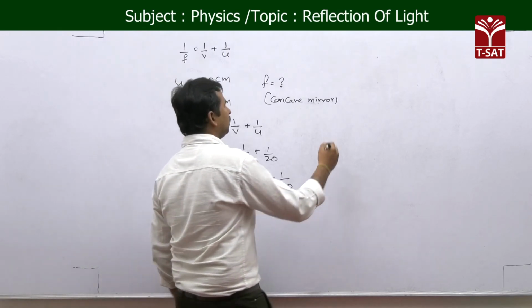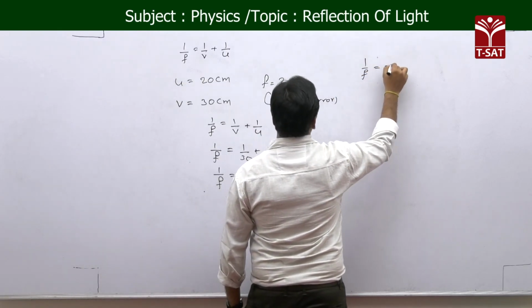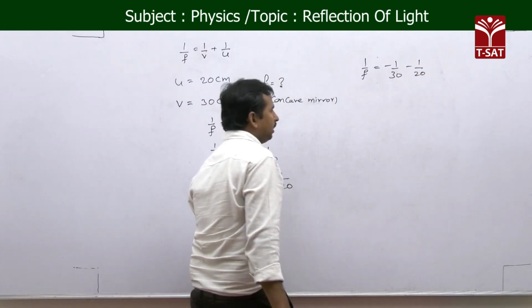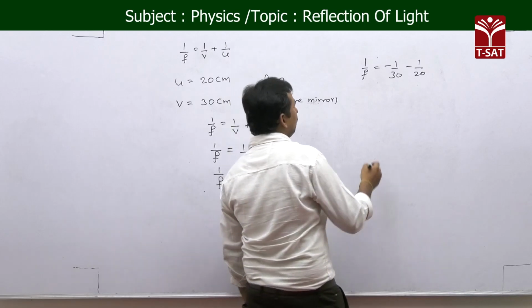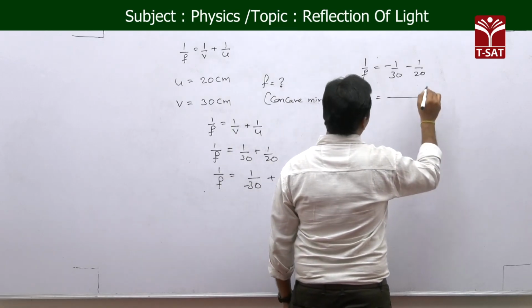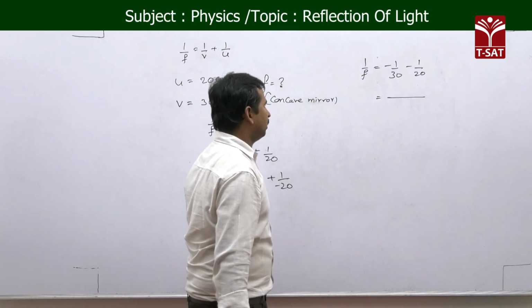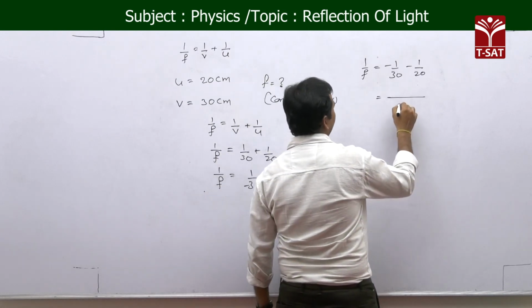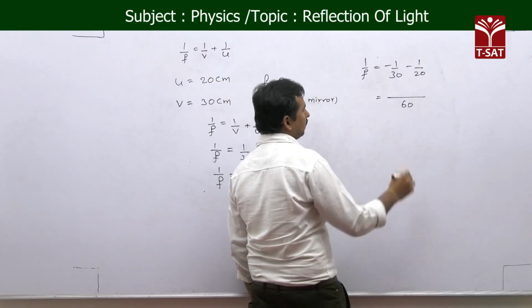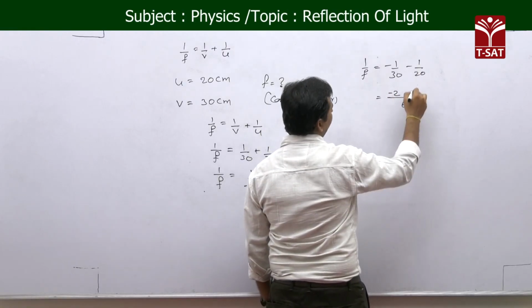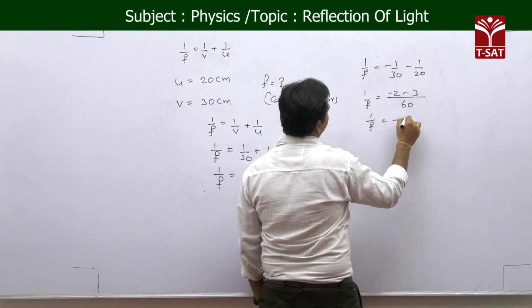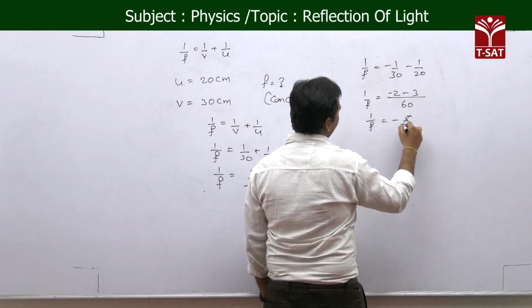Then finally we get 1 by f is equal to minus 1 by 30 minus 1 by 20. Taking the LCM of 30 and 20, which is 60, we get minus 2 minus 3, and that is 1 by f. Then 1 by f is minus 5 by 60.